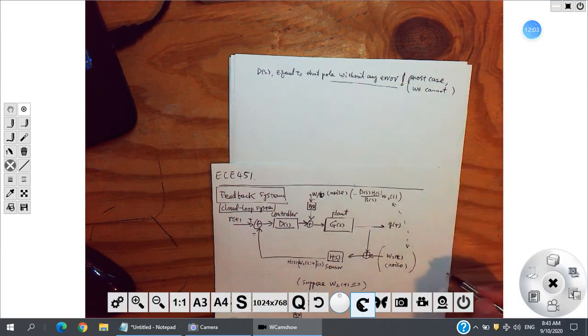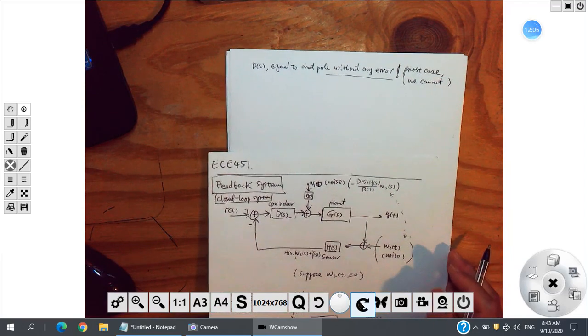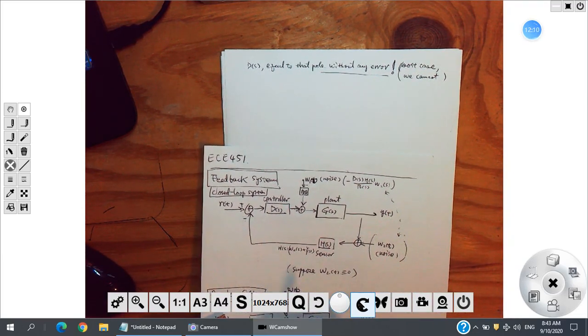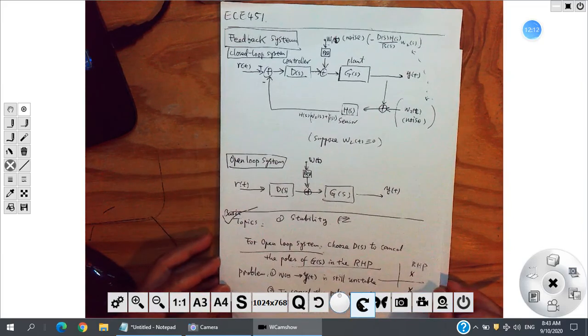You almost cannot do it. You always have a little bit less or more. If you have some error, the cancellation will fail.